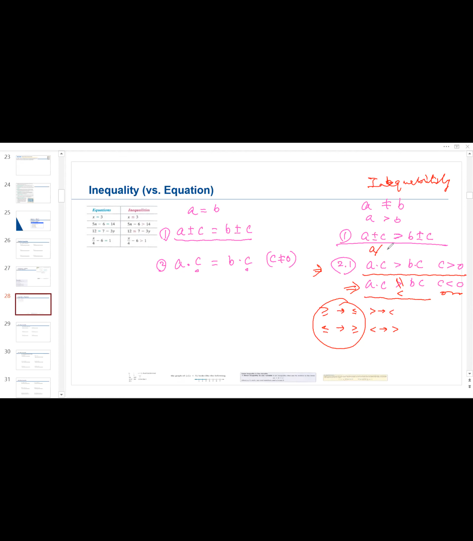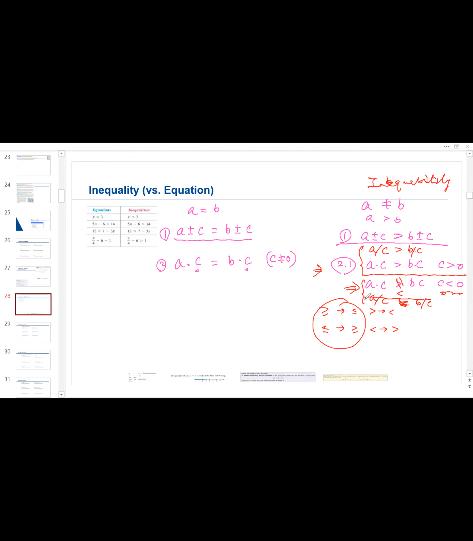When I divide by a positive number, the alligator mouth is not changing. When you divide by a negative number, same, the alligator mouth needs changing. All right. Okay, so let's see some more examples.